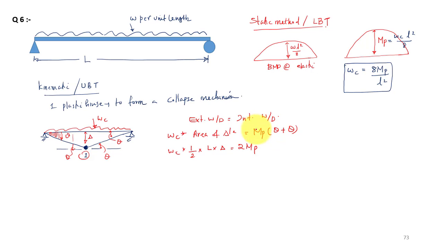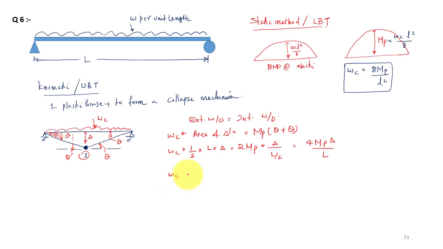So 2 times MP into theta, where theta equals delta by L by 2, that is 2 delta by L. So finally 4 MP delta by L.